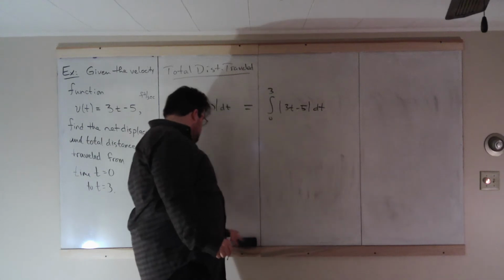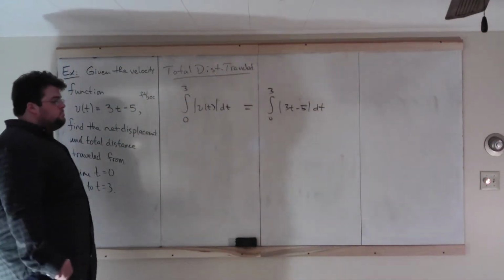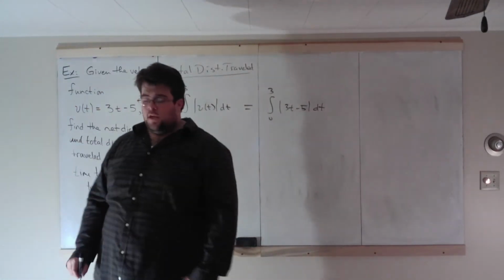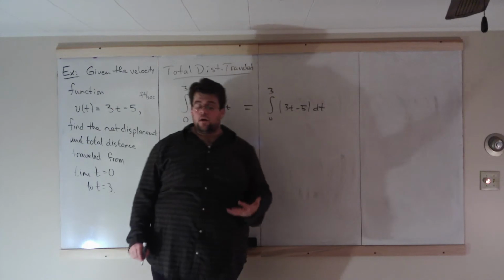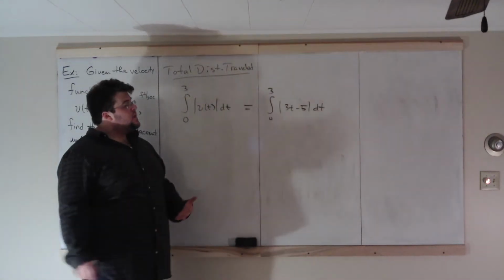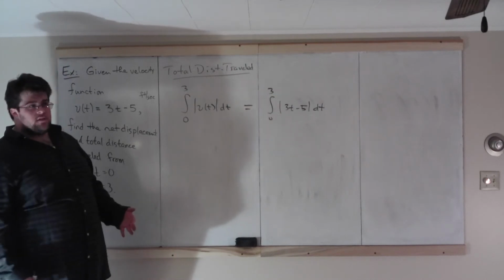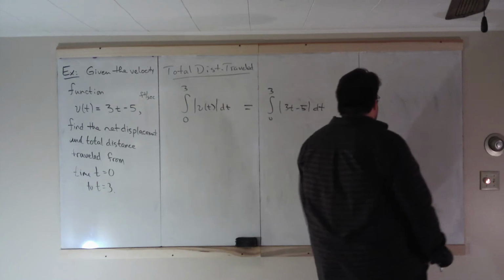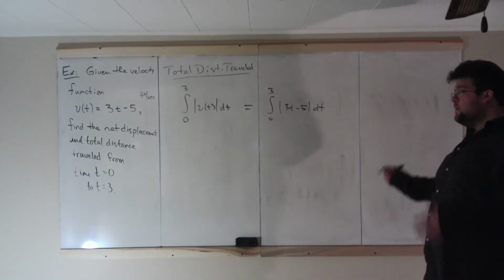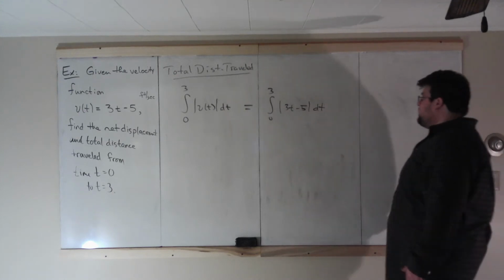Now, how do we integrate an absolute value? Well, we have to break 3t minus 5 apart into its positive pieces and its negative pieces. Hopefully, it will always be positive or always be negative on 0 to 3. Unfortunately, this one crosses the x-axis between 0 and 3.